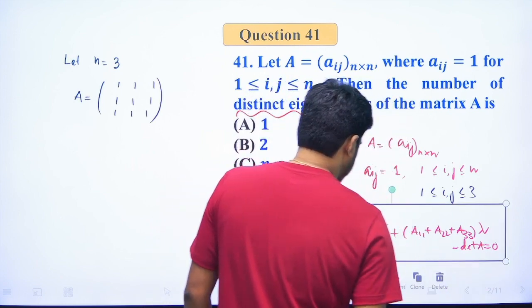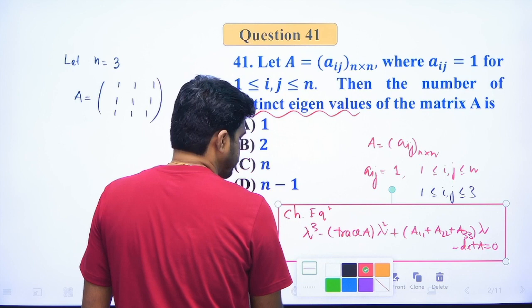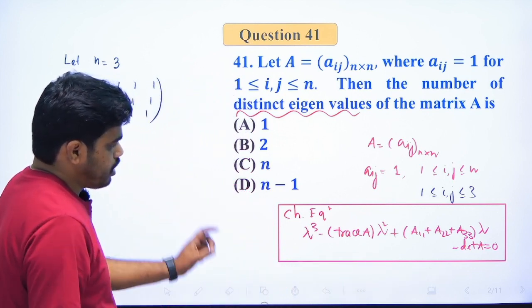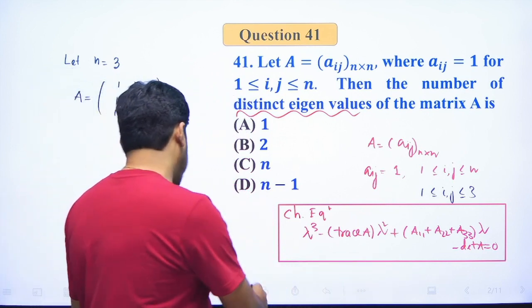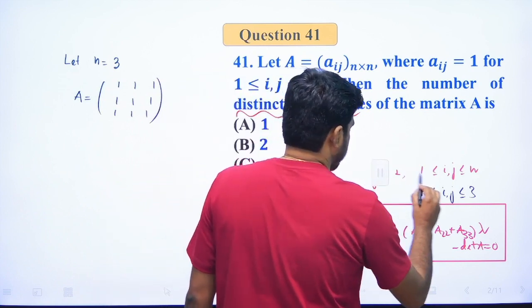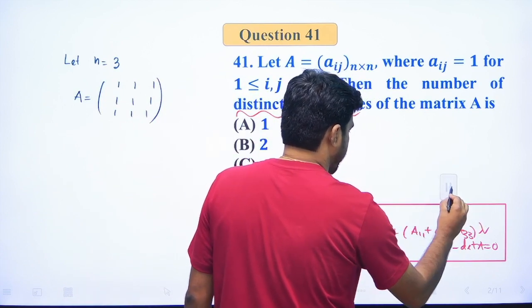So note this. This is the trick for finding the characteristic equation for a 3 cross 3 matrix.